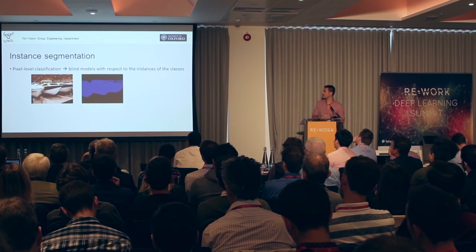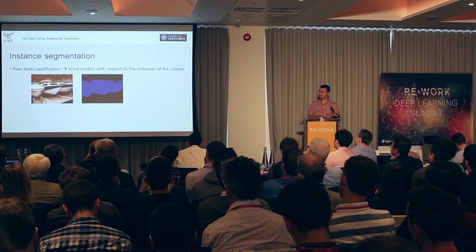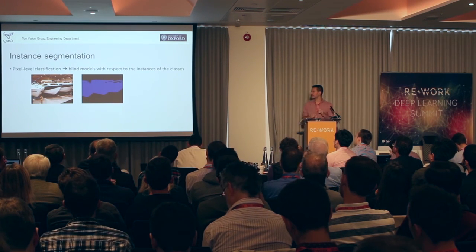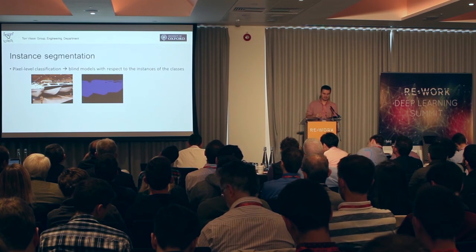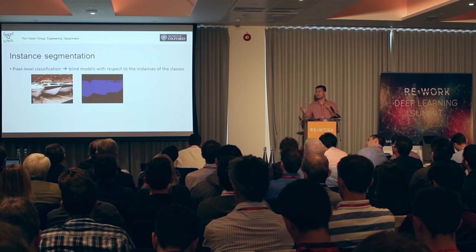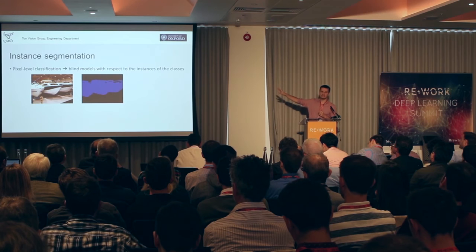Okay, so I would like to end by talking briefly about instance segmentation. So far, one issue that I have omitted is that pixel level classification doesn't allow us to distinguish between different instances. For example, in the image we see here, we see a set of votes.